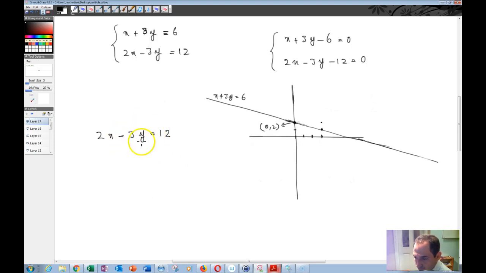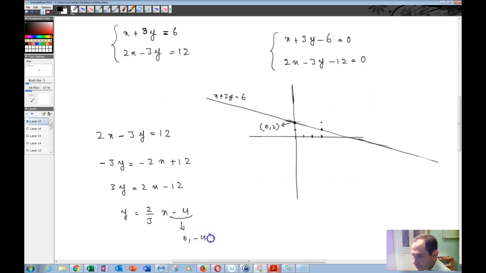And so again, you want to separate your y, so negative 3y is equal to negative 2x plus 12, and multiply everything by negative 1, you'll get 3y is equal to 2x minus 12, and then divide everything by 3 to get rid of this 3 over here. So y is equal to 2/3 x minus 12 divided by 3 is equal to 4. So again, this is your y-intercept, which is (0, -4), and this is your slope.